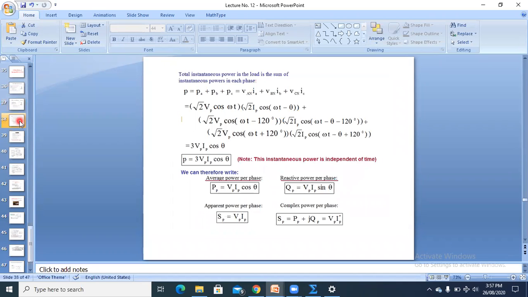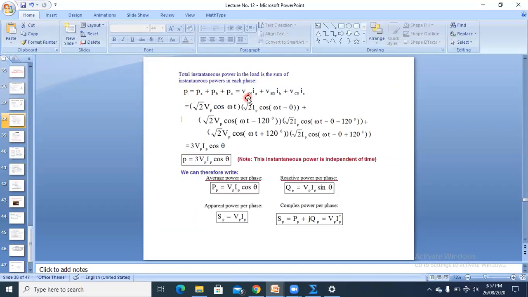And now we calculate the power dissipated across the load in each phase, and we sum up all these powers to get the total instantaneous power.